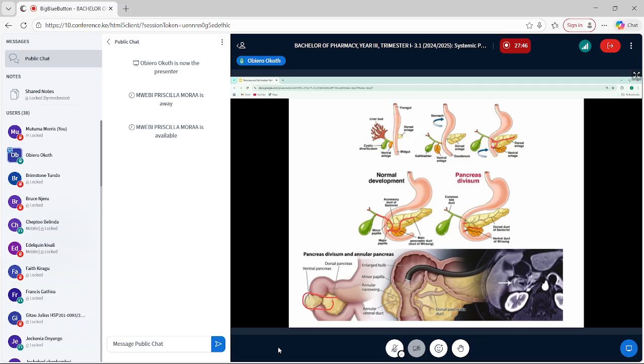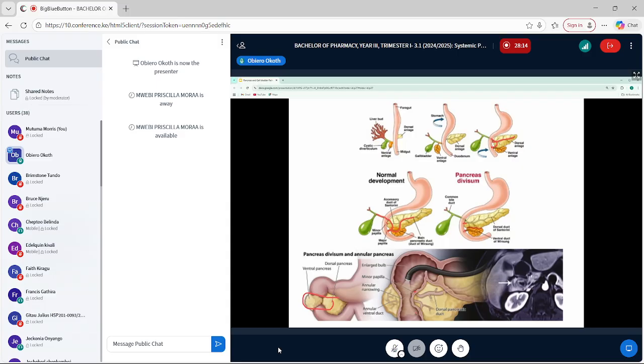The main result is that you'll end up with a lot of pancreatic secretions not reaching the duodenum. You can get acute pancreatitis. We'll see how that occurs. You can see like this one here that the dorsal pancreas is opening into the minor, and the ventral pancreas is the one now going into the major.